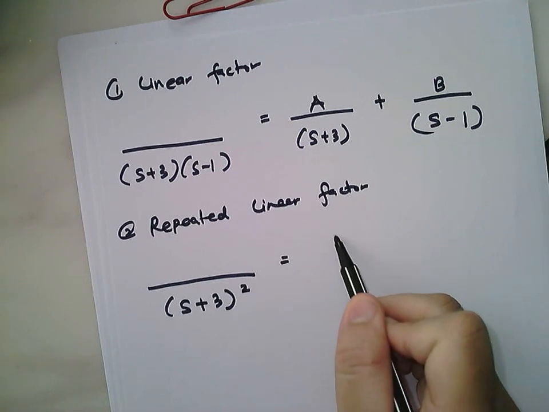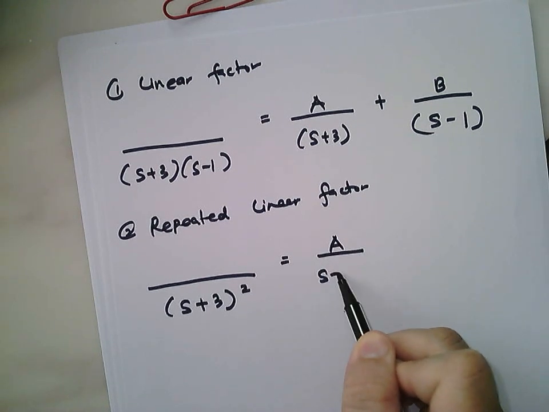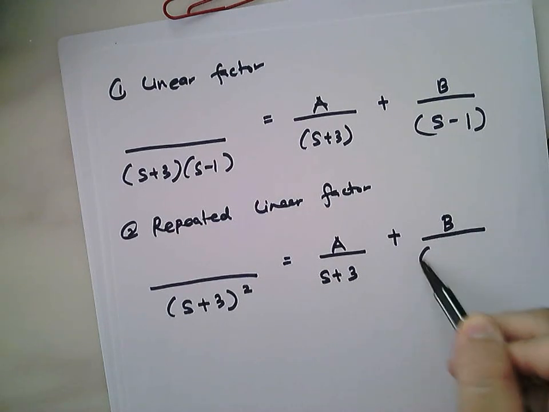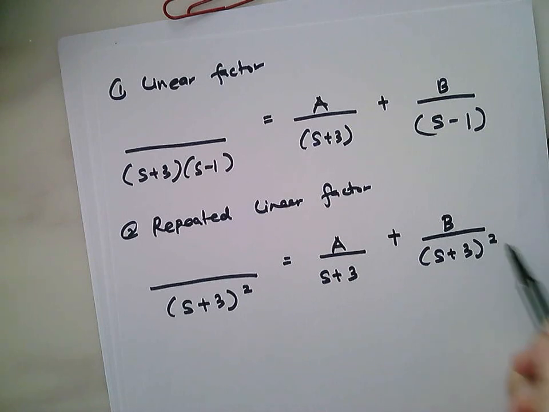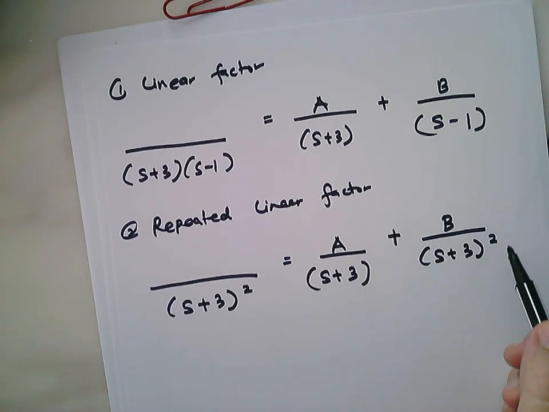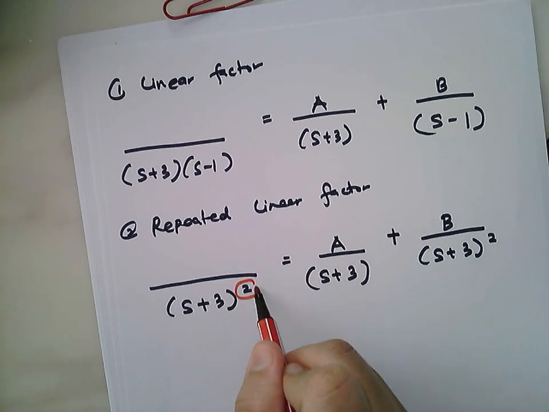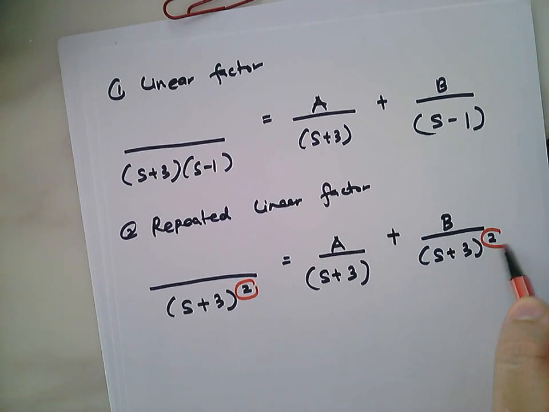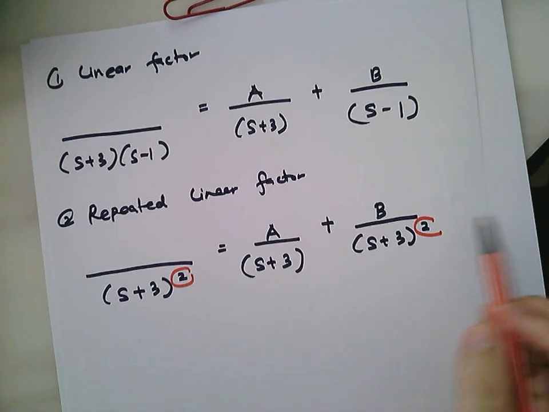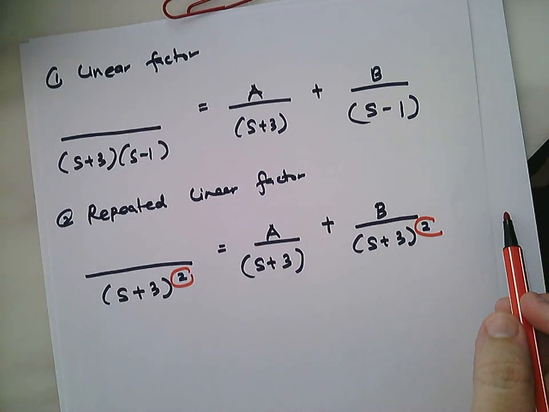You will have A over (s + 3) plus B over (s + 3) the whole thing squared. This is the first one, this is the second one. You stop when n is equal to 2. If you have a cube here, then you have to add another one, plus C over (s + 3) the whole thing cubed.